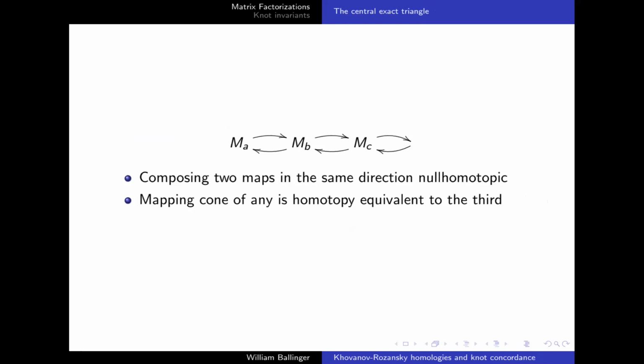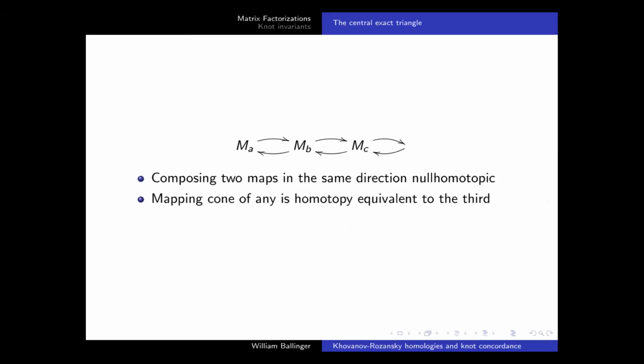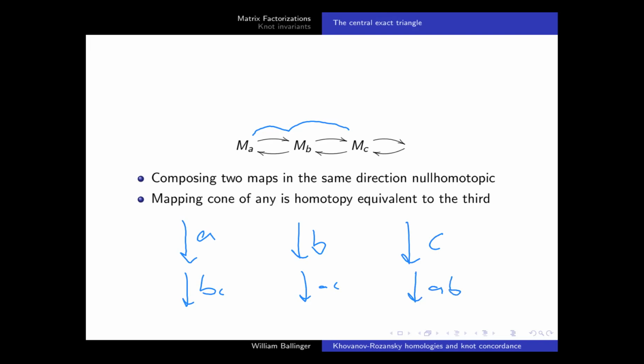So if you take two steps along, you get something that's null homotopic, which I guess is not completely obvious, but you see you do something A to BC, and then if you go from this to B AC and this back to, say, C AB, this one is going to be C1, A1.